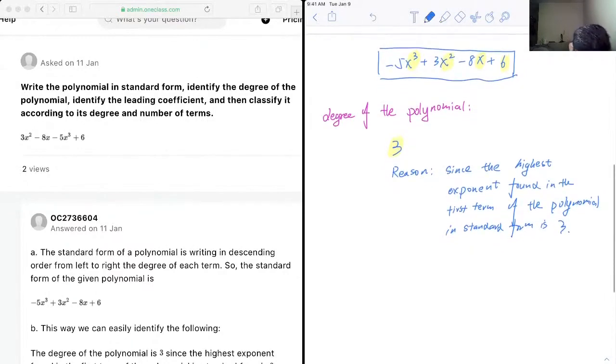And this 3 is from the negative 5x cubed, so the exponent.